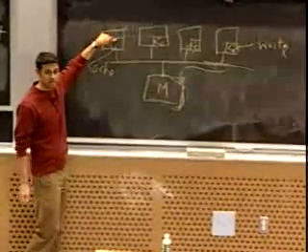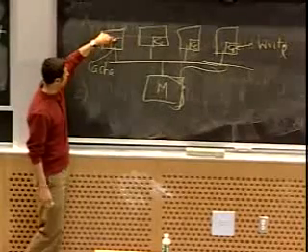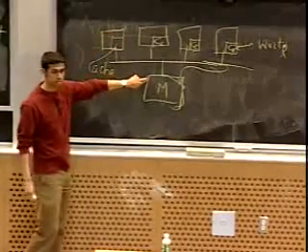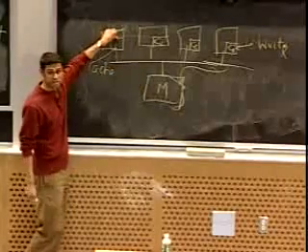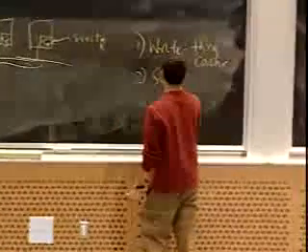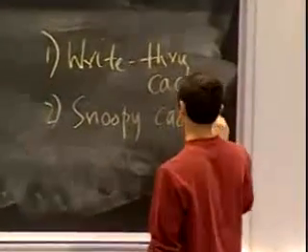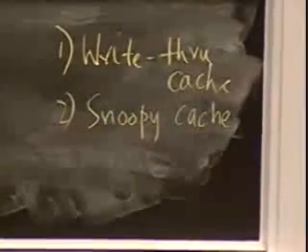You can invalidate that cache entry, or you can see what the update is and update your cache. This idea is sometimes called a Snoopy cache, because you have these caches snooping on activity occurring in your system.